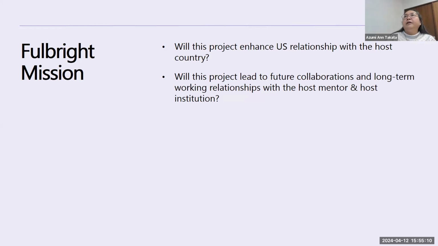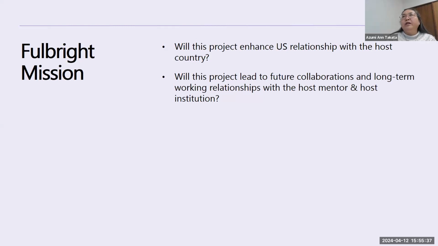Will your project enhance the U.S. relationship with the host country? And the flip side of that is, will this project potentially have a negative consequence for the American relationship with the host country? And that's probably not something that they want to support.